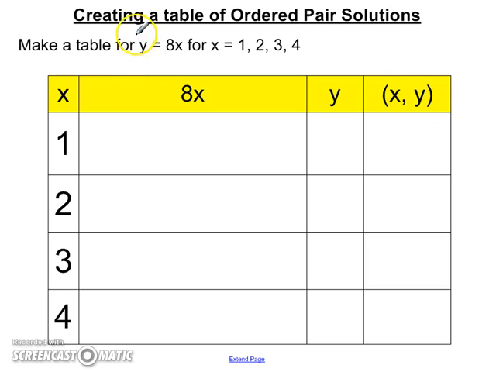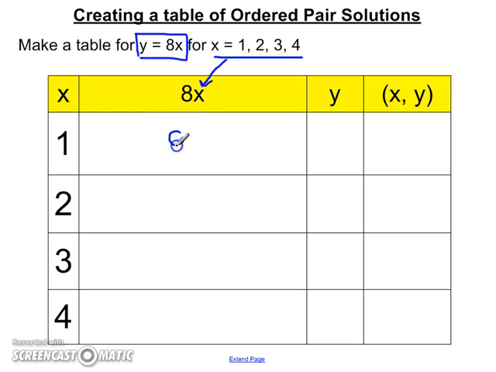All right, now we are going to take an equation. In this case, up here at the top, you'll notice my equation is y equals 8x. And we are going to create a table of ordered pairs. We're going to take these values of x and insert them into the equation, replacing them one after another. You'll notice here I've set up a table. We're going to put x in, and we're going to see what comes out, because an equation in many cases is a number generator.